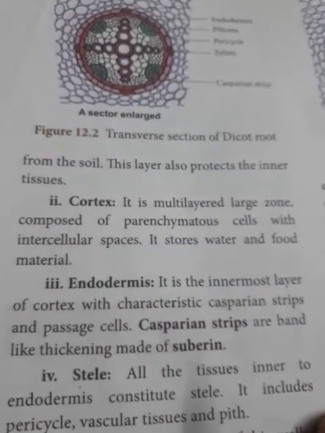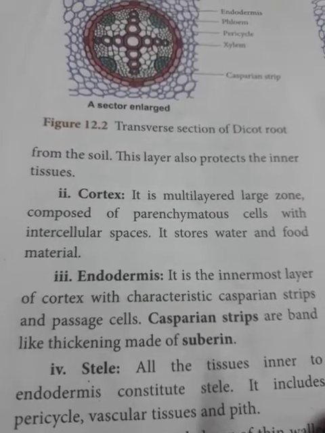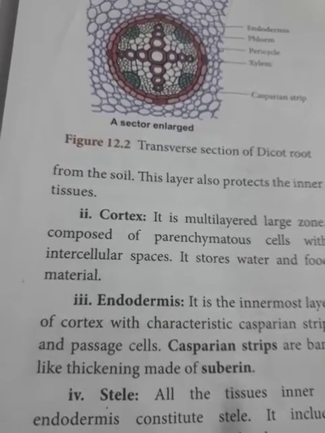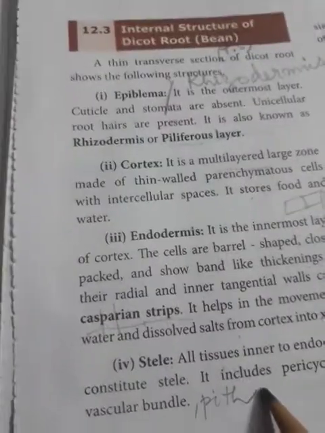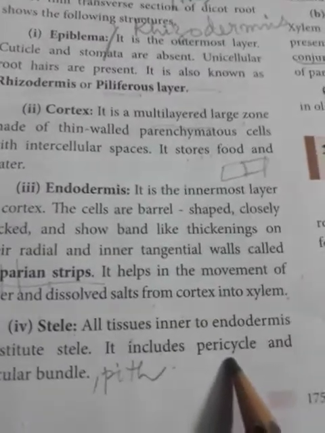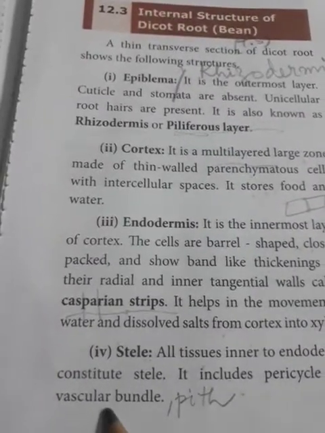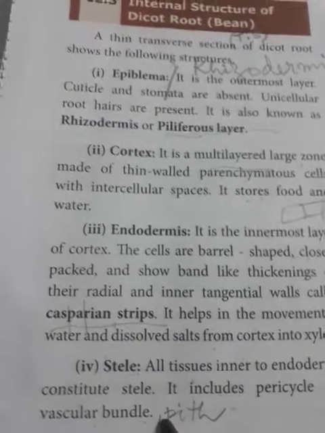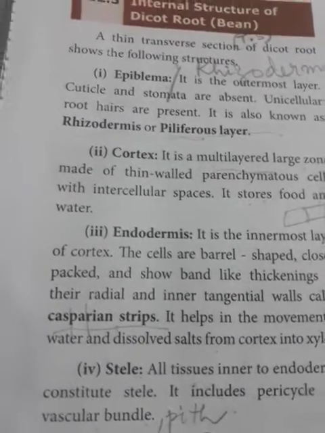So all the tissues inner to the endodermis constitute the stele. The stele is provided with four parts. What are the four parts? The first one is called the pericycle, the second part is the vascular tissues, the vascular bundle, and the third part is called the pith.